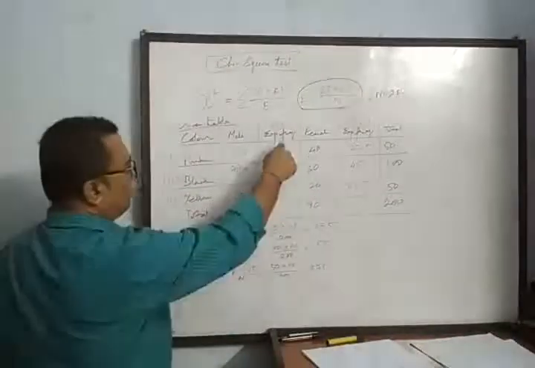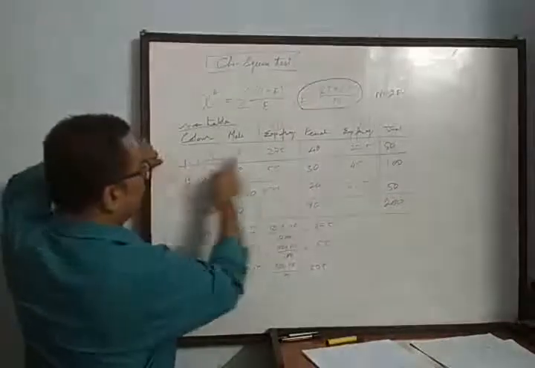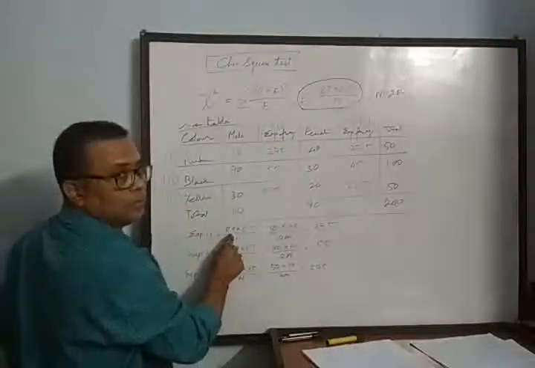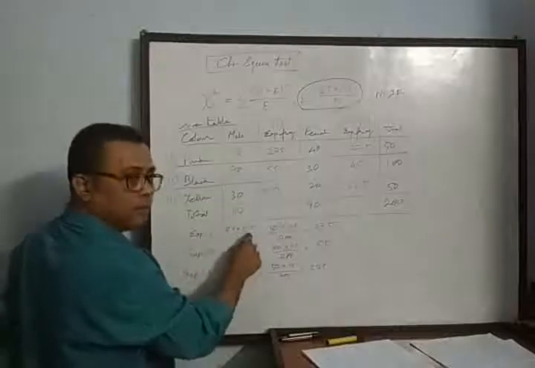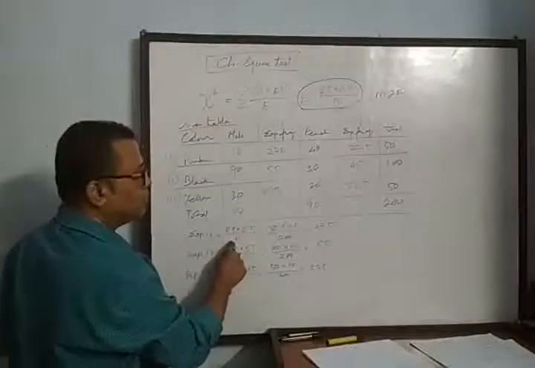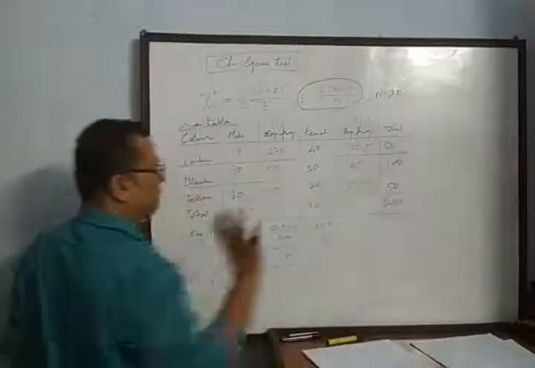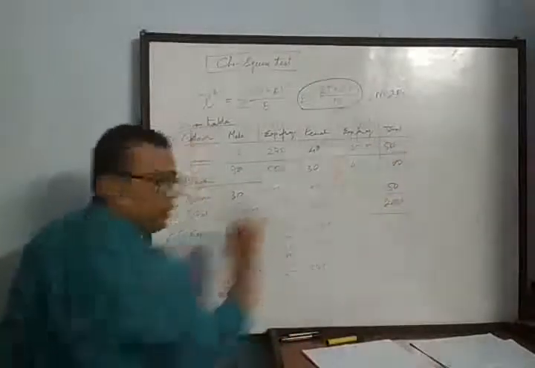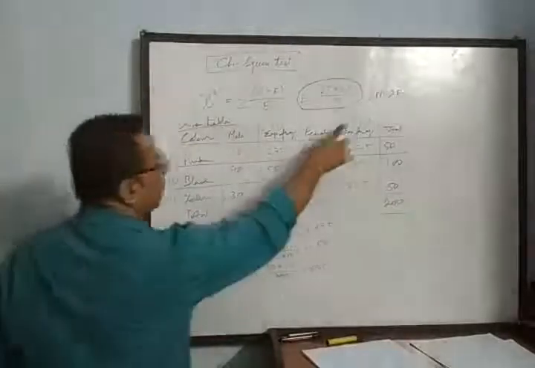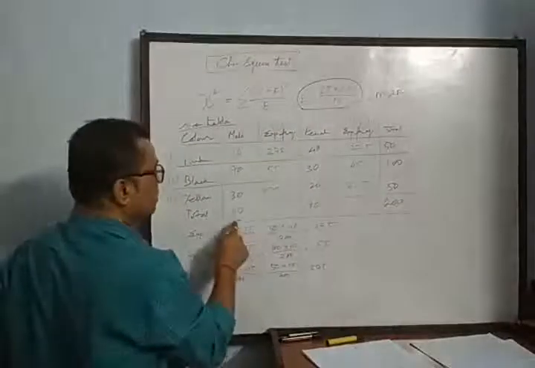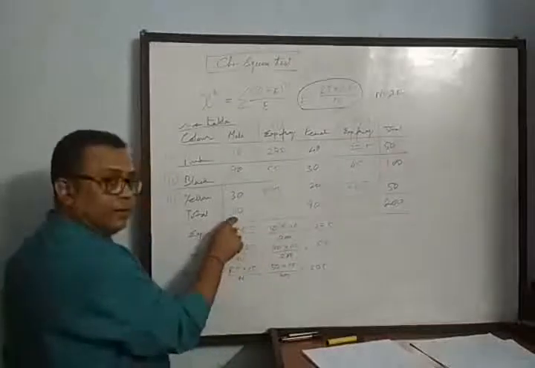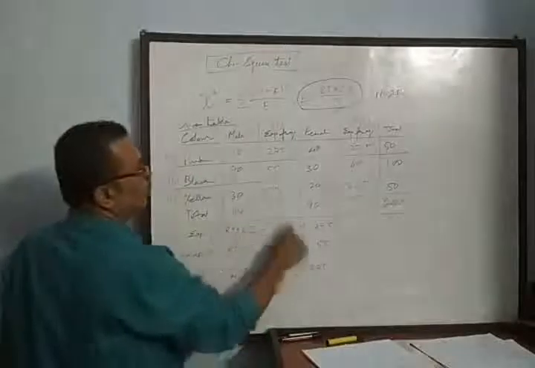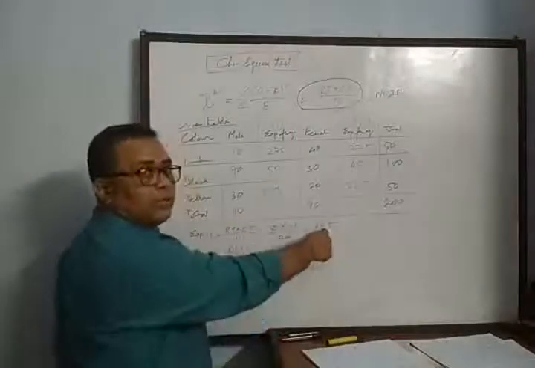Expected frequency of row 1 and column 1 means row total into column total divided by n. It is row total 50, column total that is 110 and grand total is 200. After calculating it is coming 27.5.